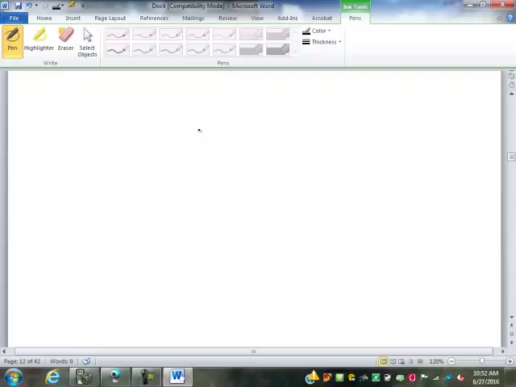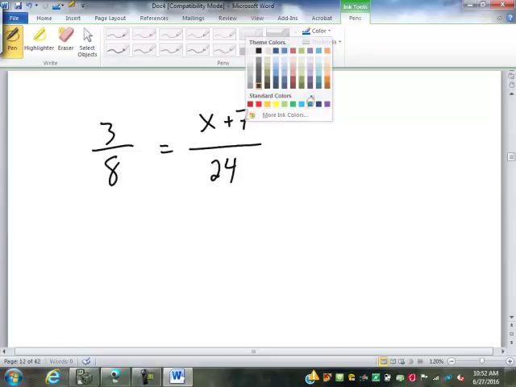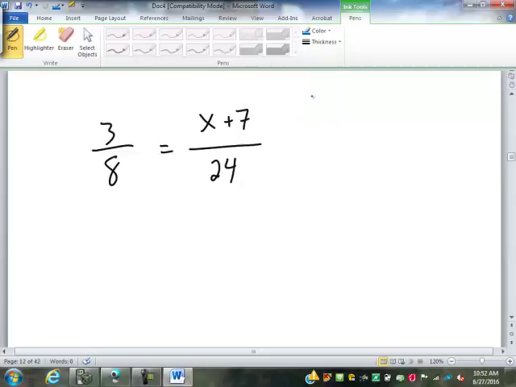We might have something like this. Again, we can't just cross multiply and divide because this isn't just a variable by itself here. But we can do this. I have 8 times x plus 7. It's got to be put in parentheses because that x plus 7 is a single number.